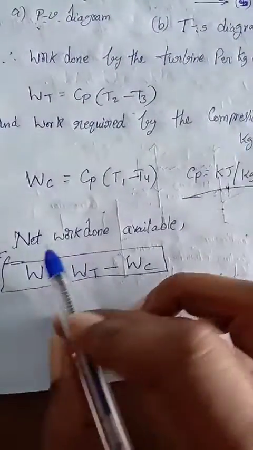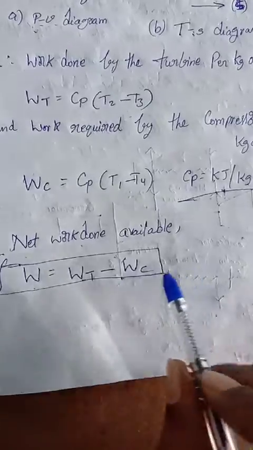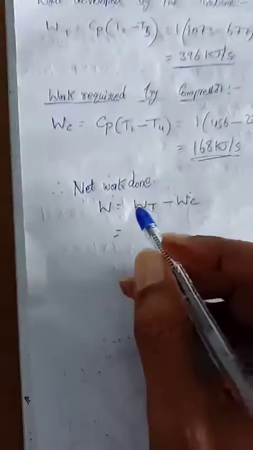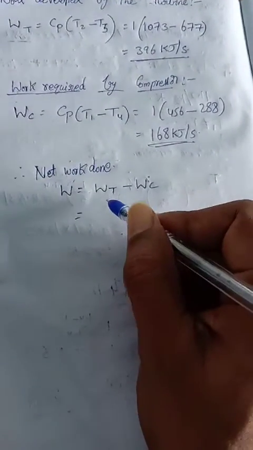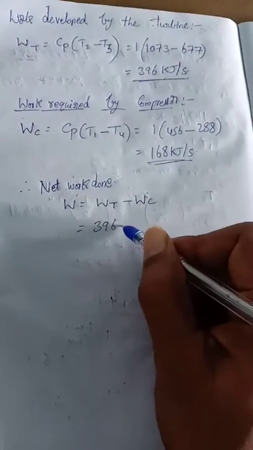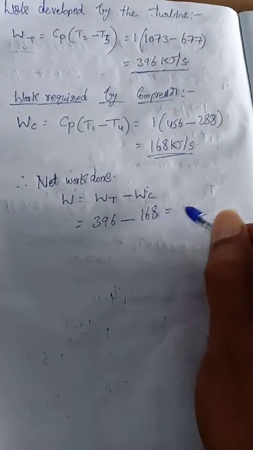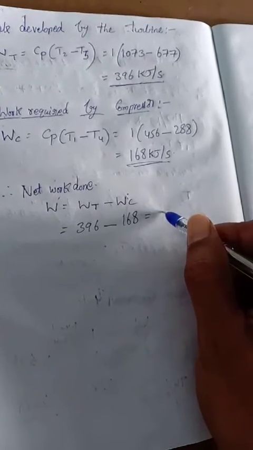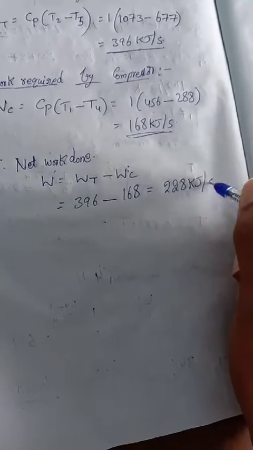Now substitute the values: WT is 396 and WC is 168. Calculate these and we will get around 228 kilojoules per second.